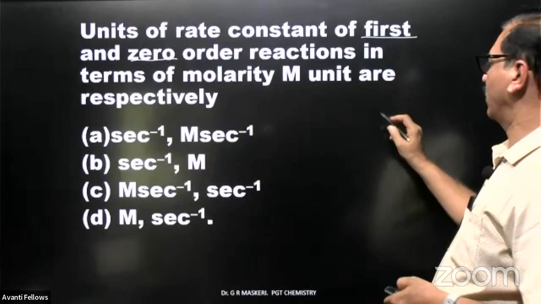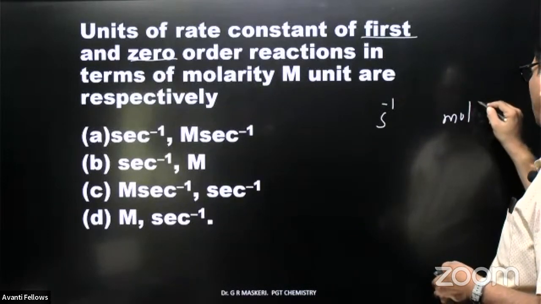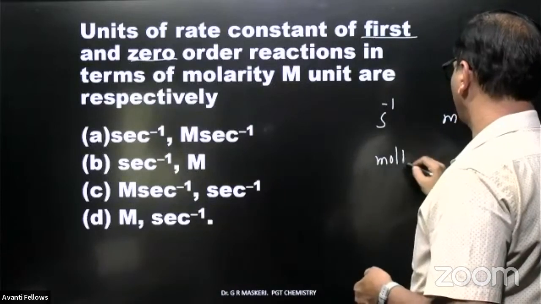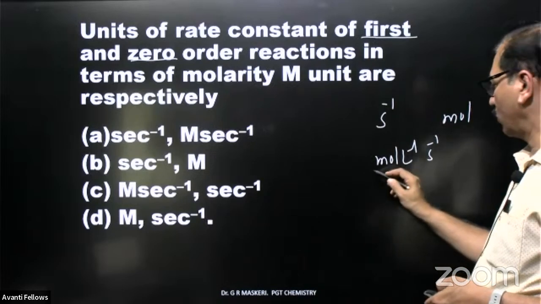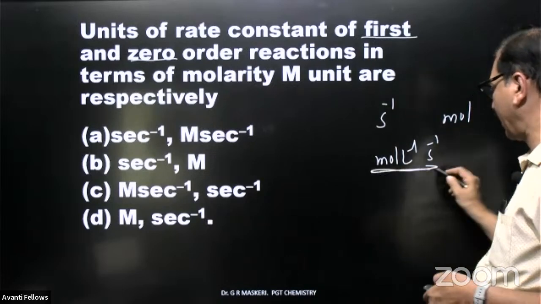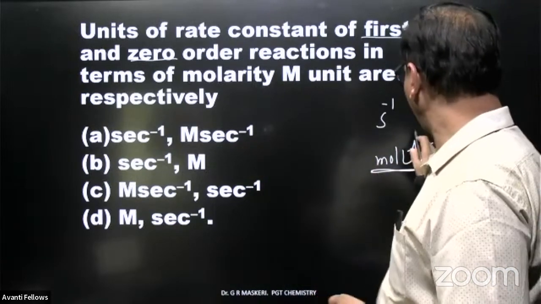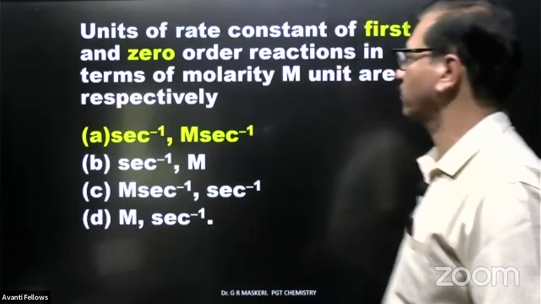For a first order reaction, it is per second. And for the zero order reaction, it is moles per liter per second. This is the unit of rate itself. Moles per liter is capital M per second. A is the correct answer.